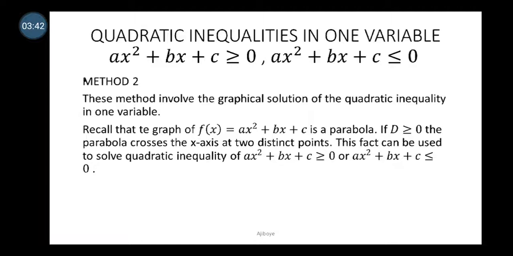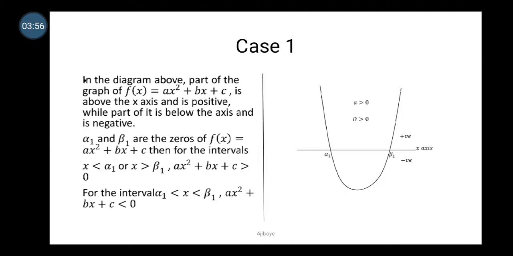This fact can be used to solve the quadratic inequality ax squared plus bx plus c greater than or equal to 0, or ax squared plus bx plus c less than or equal to 0. What we are saying is that you can plot a quadratic graph and you would know that it will be a parabola. If D is greater than 0, then we would expect that the parabola will cross the x-axis.